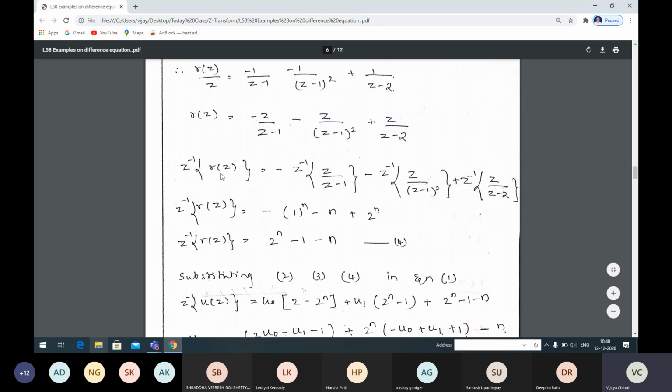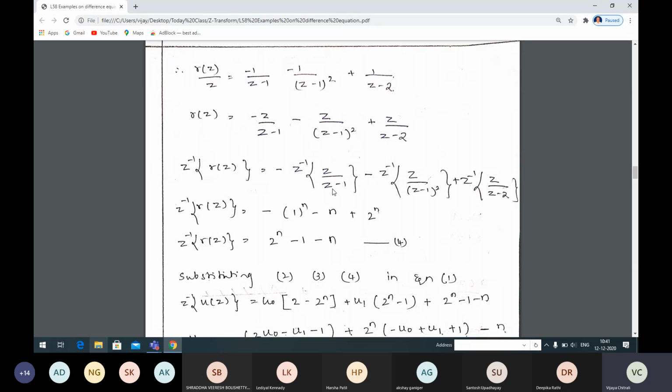So z inverse of R of z is equal to minus z inverse of z divided by z minus 1, minus z inverse of z divided by z minus 1 raised to 2, plus z inverse of z divided by z minus 2. We know z inverse of z divided by z minus a is a raised to n. Here a is 1, so with the negative sign, minus 1 raised to n.